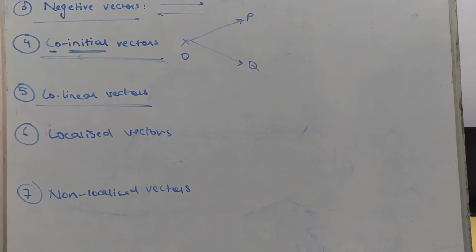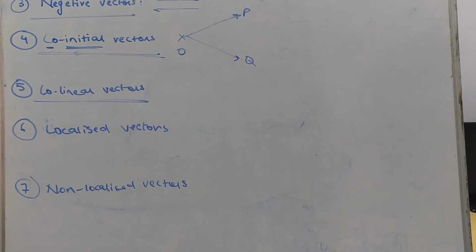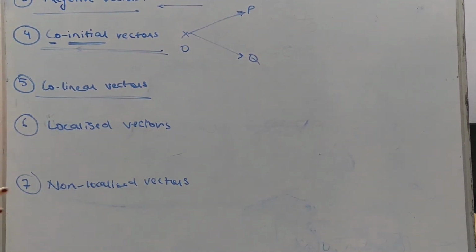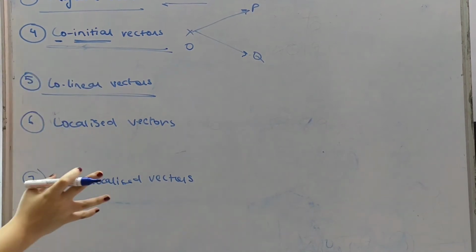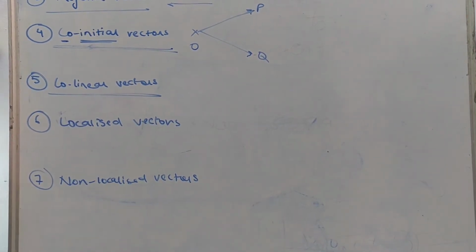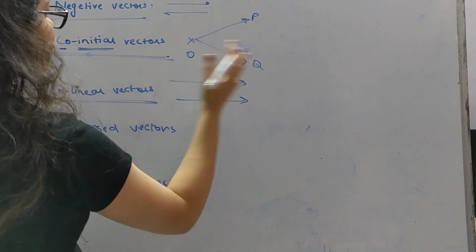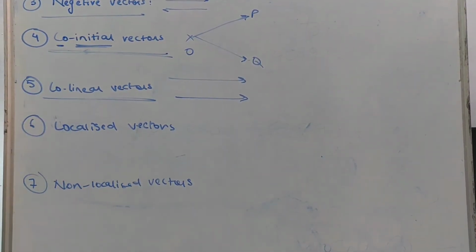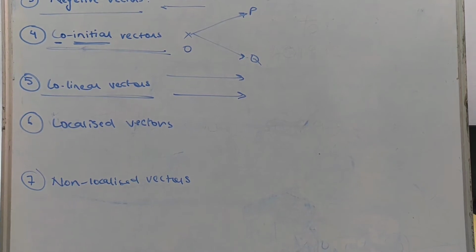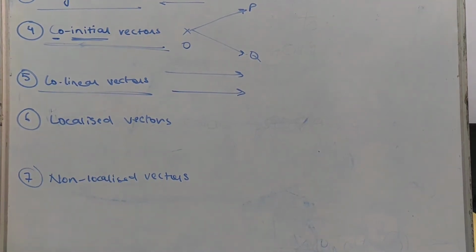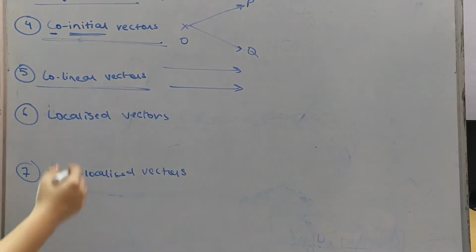Collinear vectors are those vectors that can have equal or unequal magnitude, and they will always act parallel to each other. They may or may not be in the same direction, but they will always be parallel to each other.